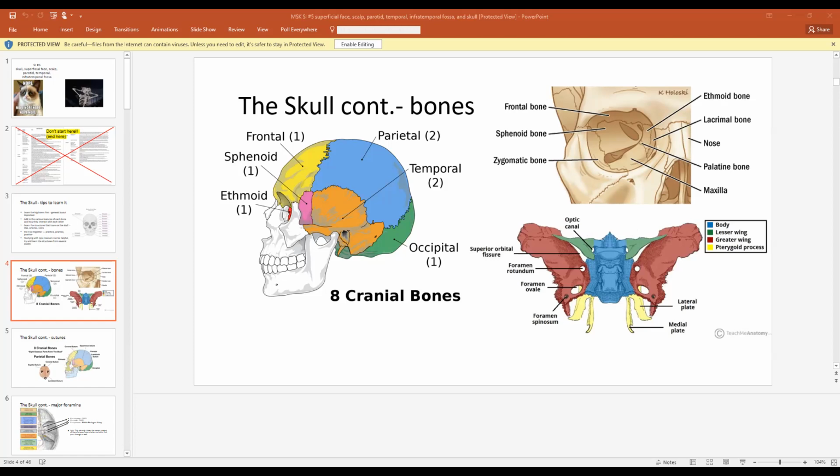So understand that: rotundum V2, ovale V3, and then this one, if they don't ask about it in this block, they'll ask about it in head and neck. The foramen spinosum is where the middle meningeal artery comes out, and they really like that artery. It's also a source of brain bleeds because it's close to the surface. If there's a head trauma to the side of the head, sometimes the middle meningeal can be affected and you'll have brain bleeds as a result.